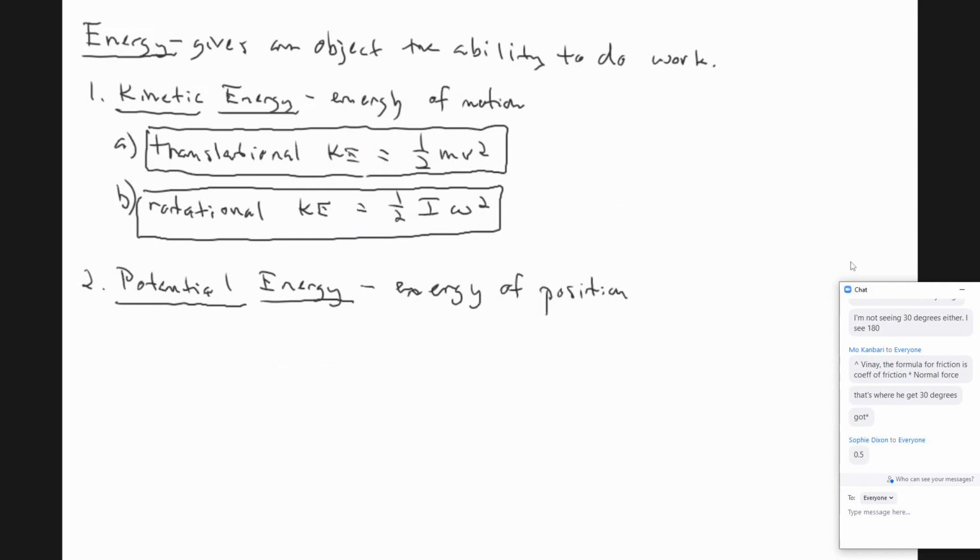The first type of potential energy is gravitational potential. First type is when we're close to Earth, which is basically most of the types that you're going to see for your MCAT. That's equal to mgh.